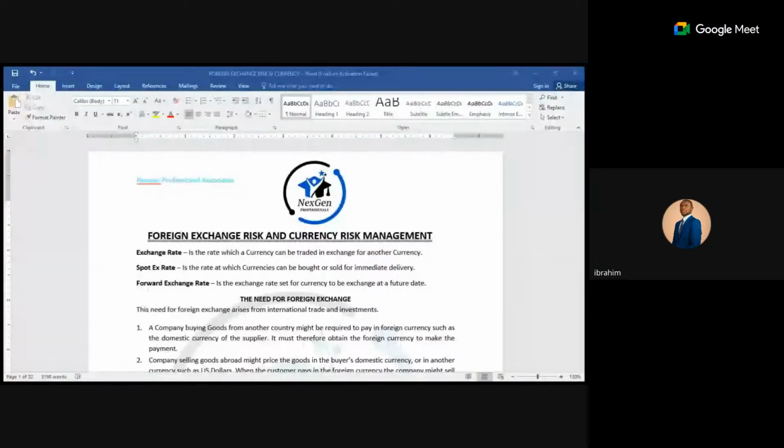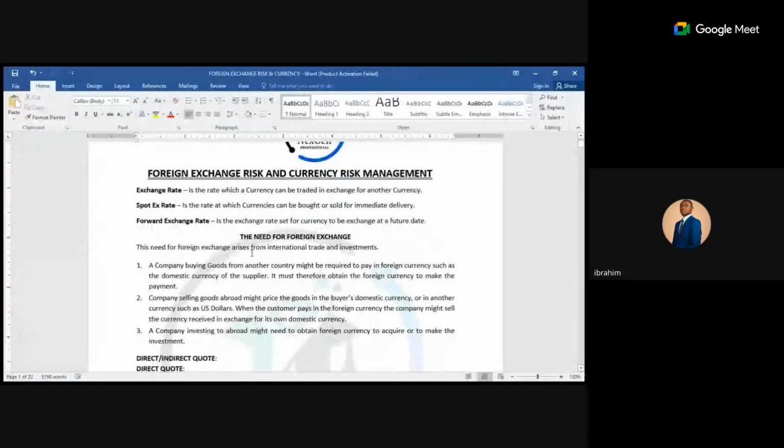Okay. Now, foreign exchange, currency risk and currency management. We need to understand exchange rates. What are exchange rates? Exchange rate is the rate at which a currency can be traded in exchange for another currency.